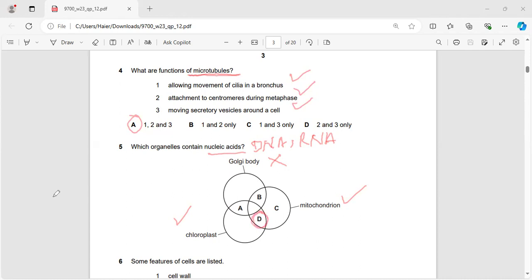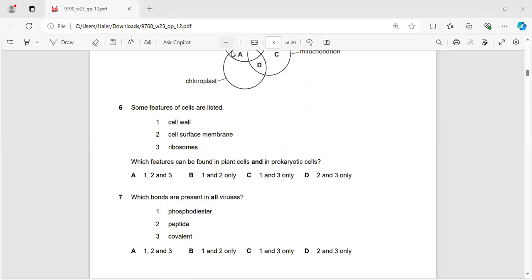So students, now I am moving towards question number 6. Some features of cells are listed: cell wall, cell surface membrane, and ribosomes. These are three cell structures.